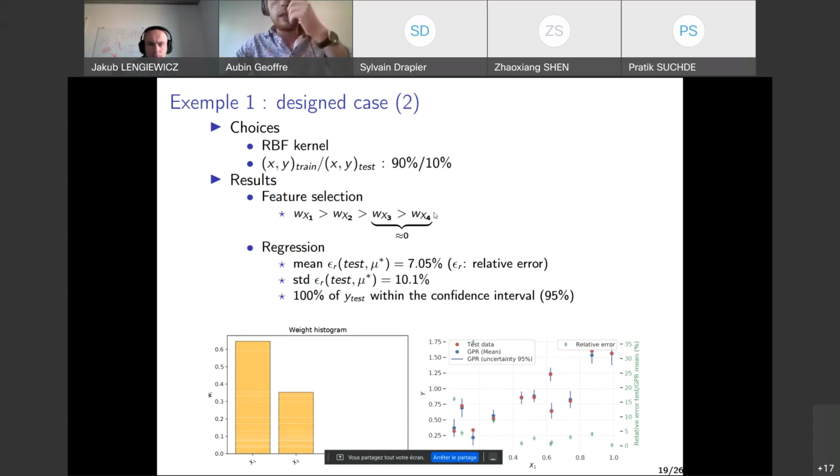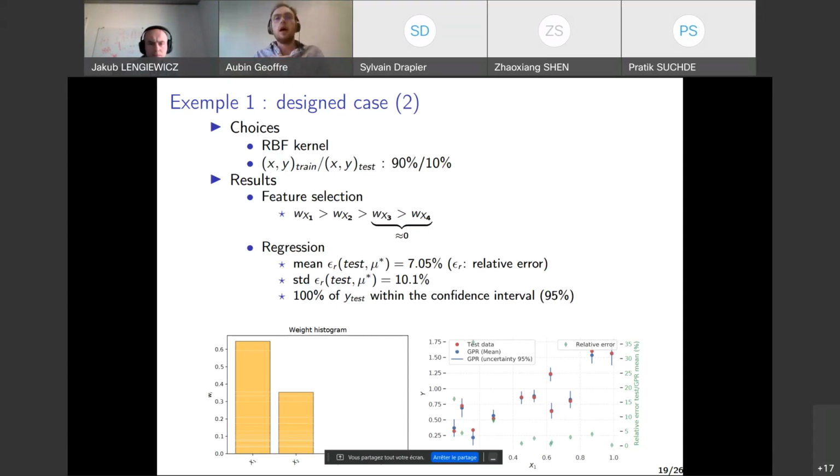And it's interesting that we retrieve a weight close to 0 for both X3 and X4. That was expected in this example. So we perform the feature selection that we are expecting.